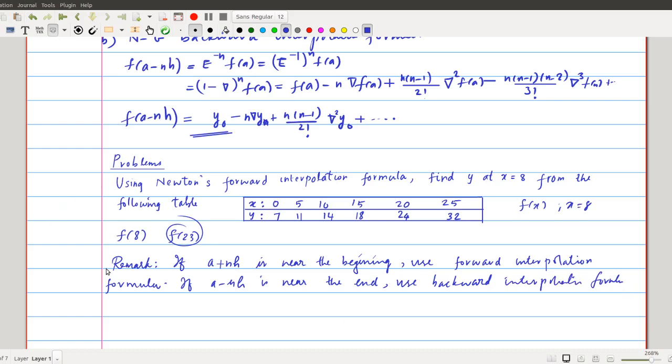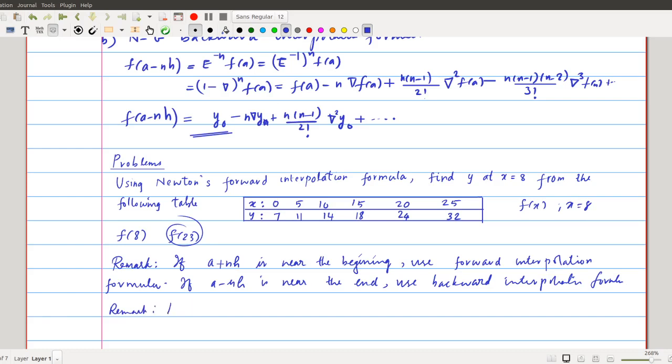Another remark is, for the convenience, we chose the interval of differencing as 1, or not length, the a should be chosen so that n lies between -1 and 1. So we have one more remark on this.